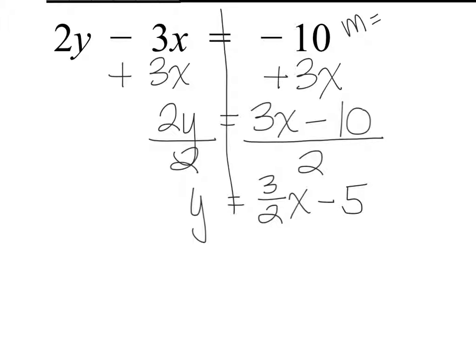So we're looking for your m and we're looking for your b. B is -5. M is 3/2. Your slope is positive, so it should go upward.